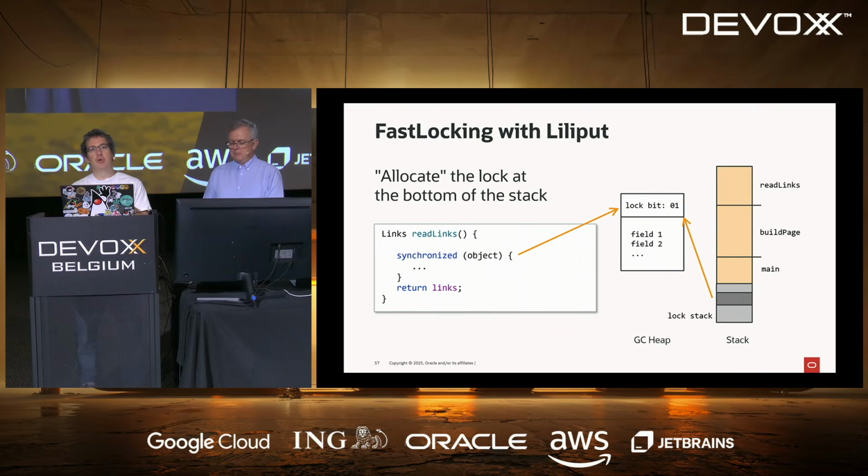So if you want to know if the object is locked, it's quite easy because the lock bit has been changed. And if you want to know all the locks inside your stack, it's quite easy too, because you can look at the lock stack directly.